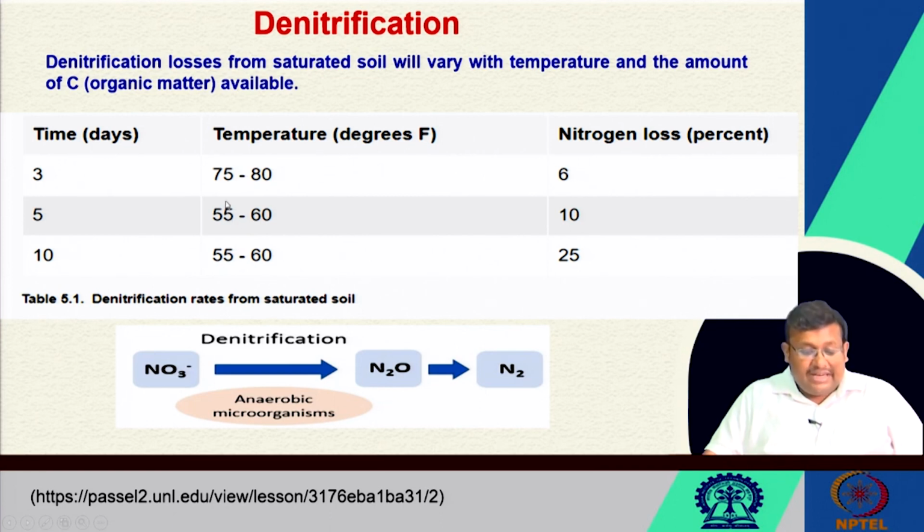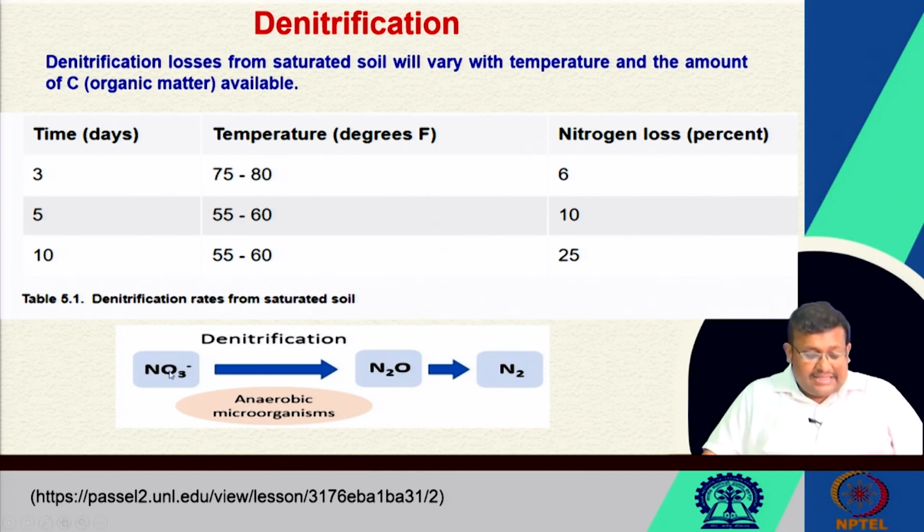However, if the temperature is more conducive for bacterial growth, we can see 10 to 25%. So, as the time increases and if the temperature is favorable for the growth of the microbes, then we can see increased nitrogen loss through the denitrification process. Of course, these denitrifying bacteria become inactive when there is a high temperature.